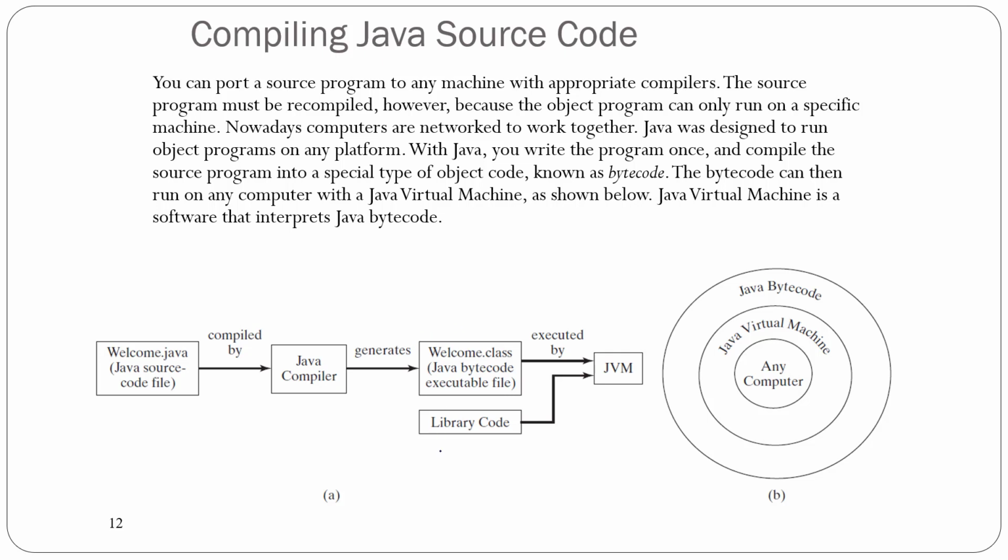Now this bytecode is combined with the library code, so that if you need some support from the classes or programs already supplied by Java, all these things are combined and finally run by the JVM. So the bytecode with the library code combined is finally interpreted by Java and runs.